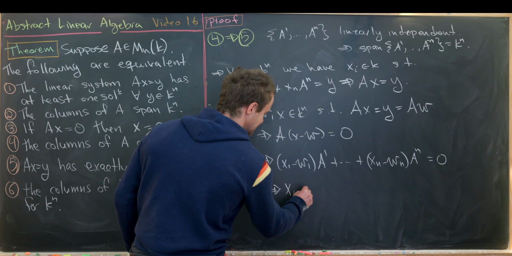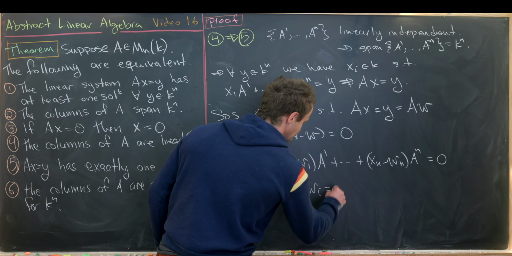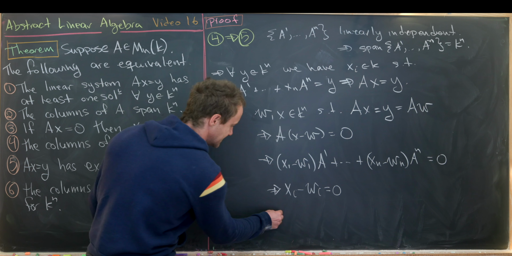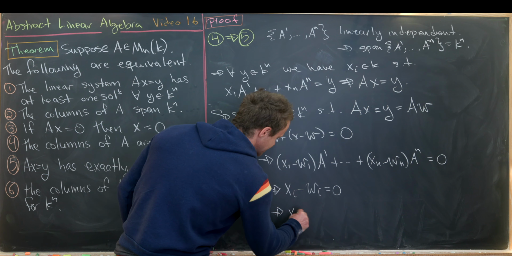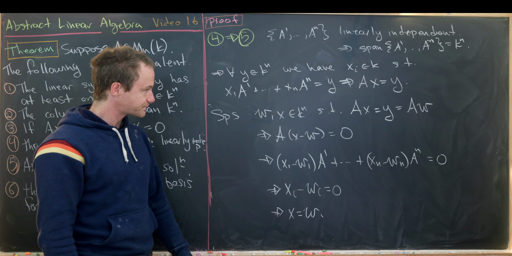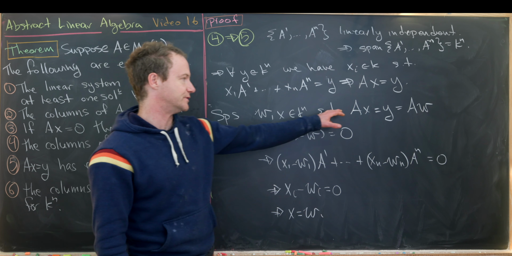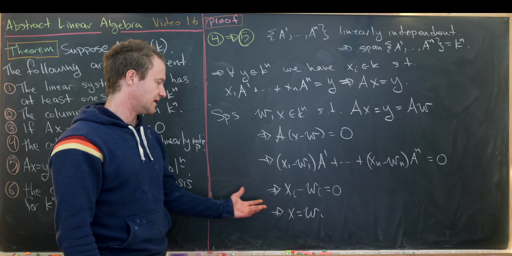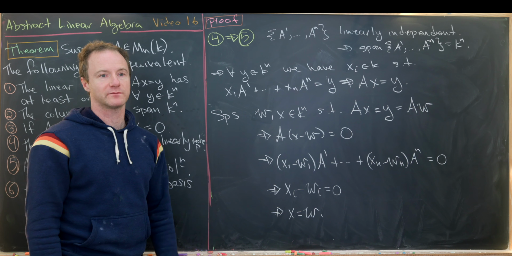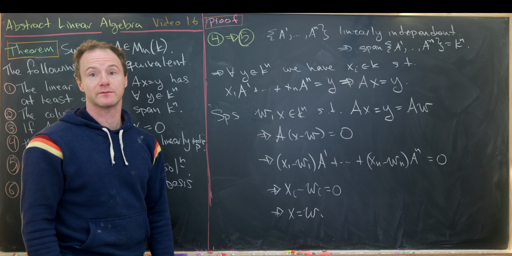So xi minus wi equals 0 for all i, which means that xi equals wi, which means x equals w as a vector. So if we had two solutions, those two solutions were the same. That finishes the proof of 4 implies 5, and we're ready for 5 implies 6.